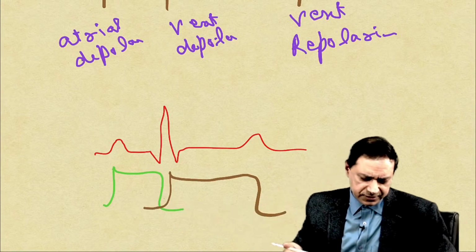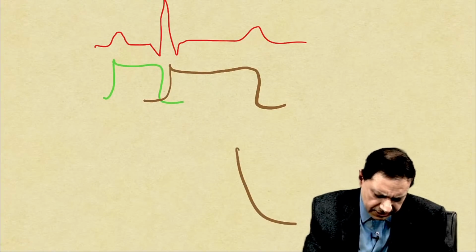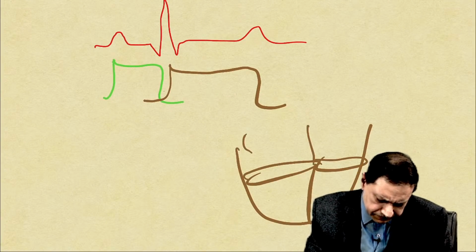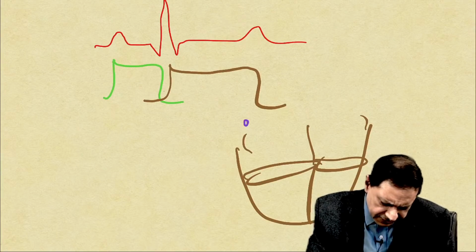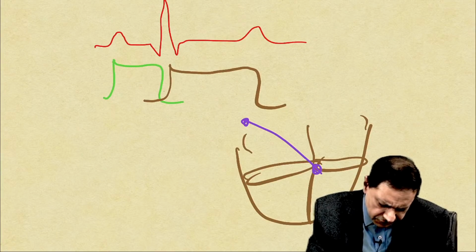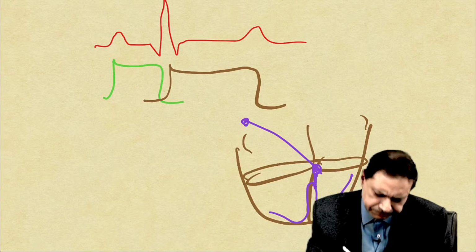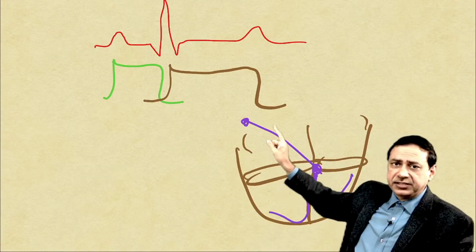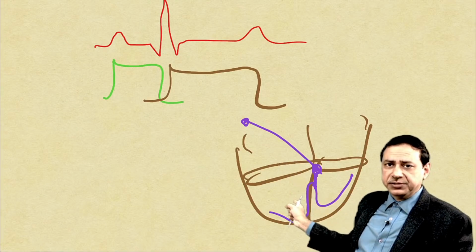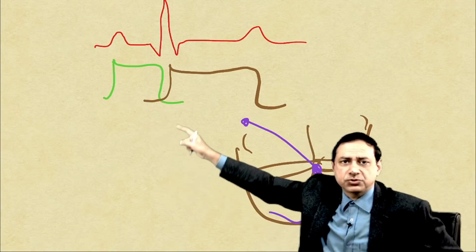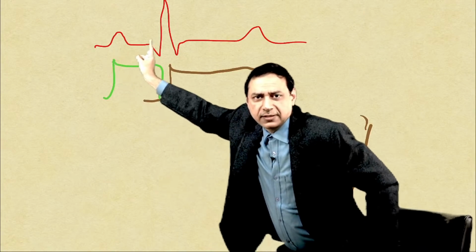So obviously, if this is the heart, from the SA node, it will go to the AV node, bundle of His, then branches. Atrium depolarized, then ventricle depolarized. So PR interval, this interval represents what?